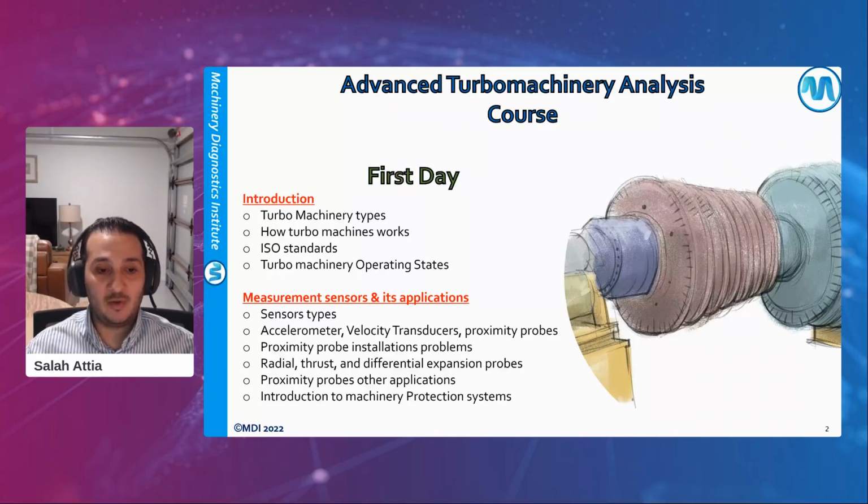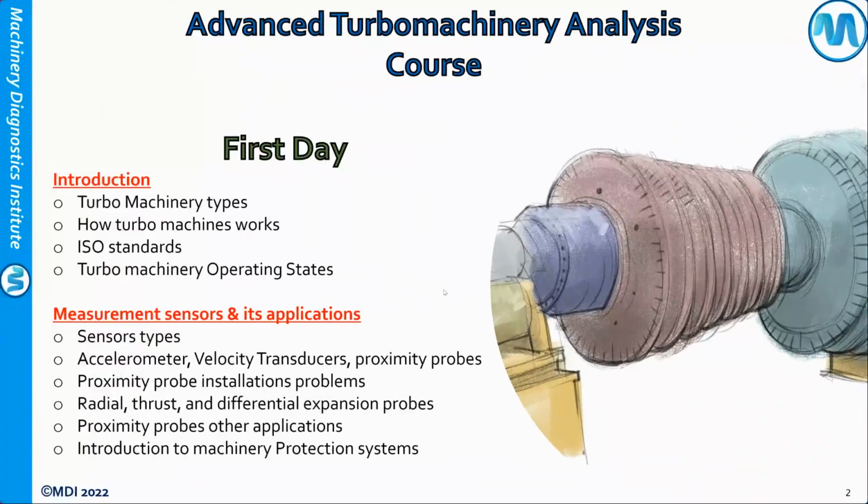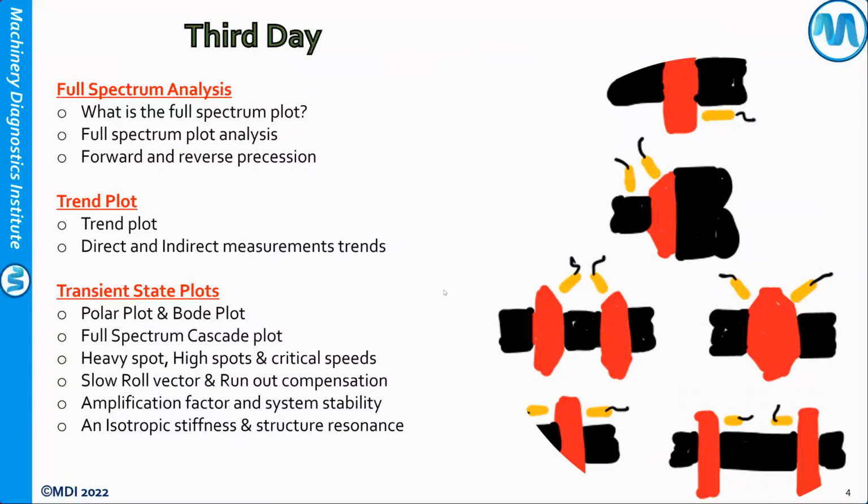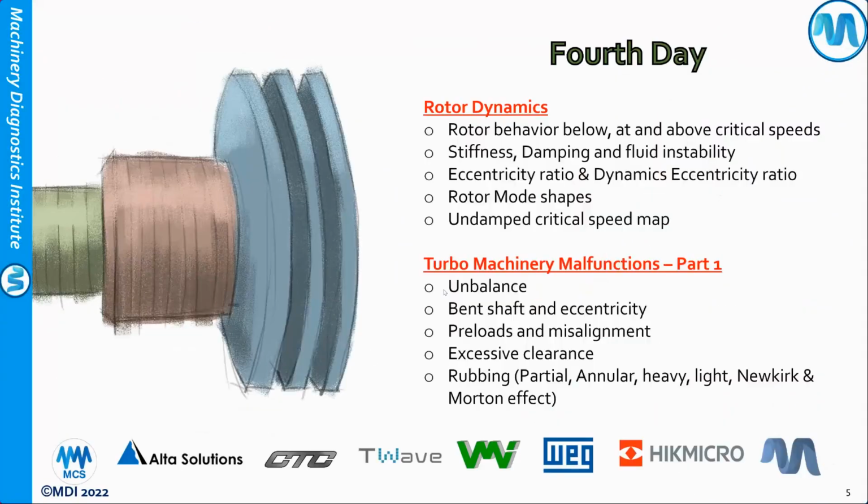In this course, we talk about the machinery, the measurement sensors and their application, the sensor types, the accelerometers, and how we install them, what the precautions are, the journal bearing, the phase analysis, orbit plots and average shaft centerline, the full spectrum, transient state plots, rotor dynamics and turbomachinery malfunctions. We talk about the unbalance, bent shaft, eccentricity, preload and misalignment, and this is the part we're going to talk about today.